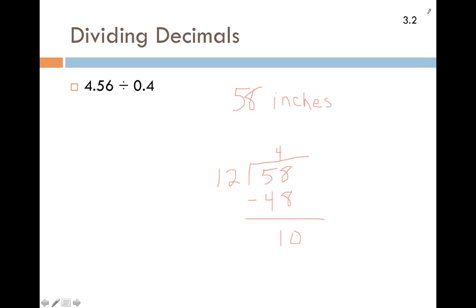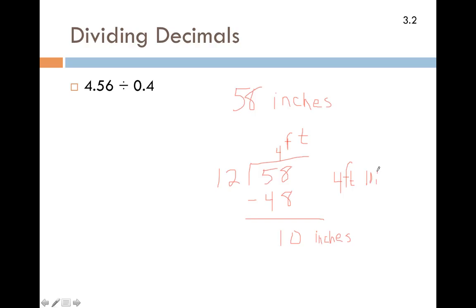When we're working with the customary system, we can stop right here, because our conversion is going to be 4 feet and 10 inches. Because we got a remainder of 10 inches, that's how many inches is left. So that's our answer, 4 feet and 10 inches.